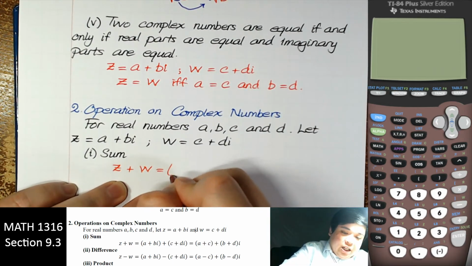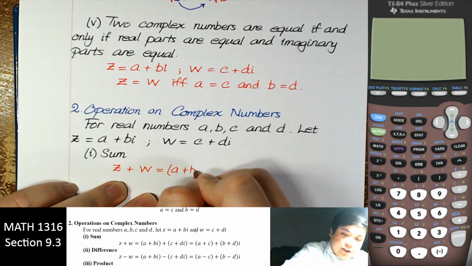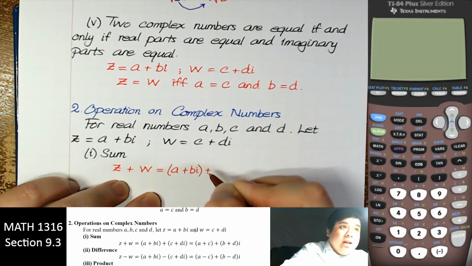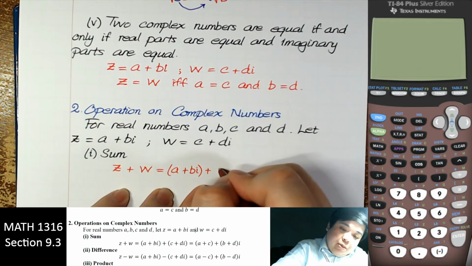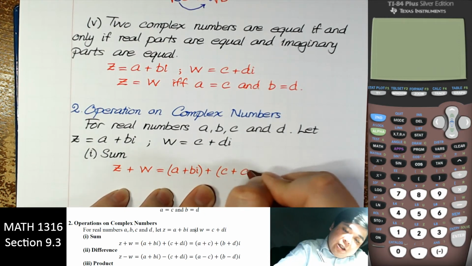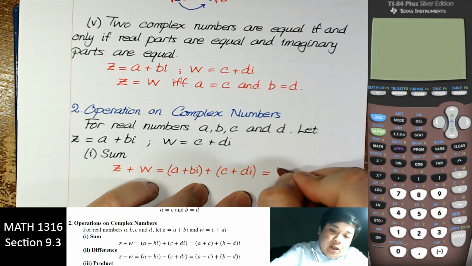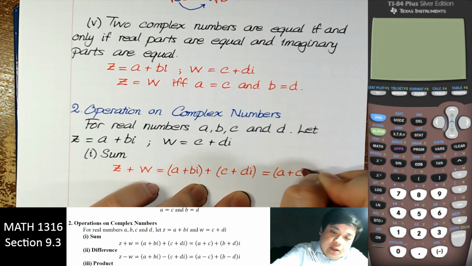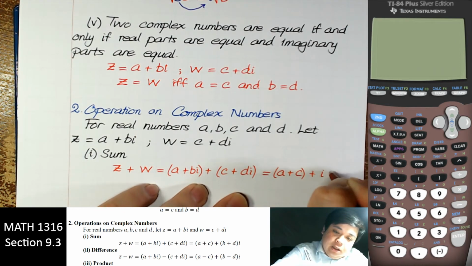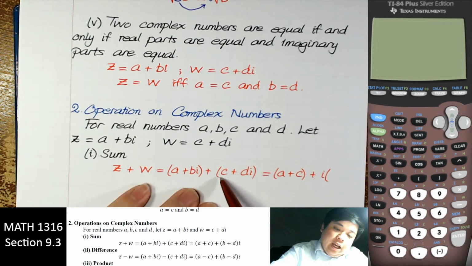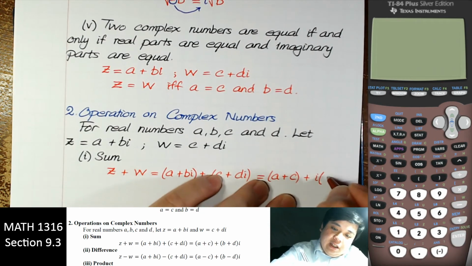Now if we write z as a plus bi and w as c plus di, when we add them, just combine like terms: a plus c, and then b plus d.